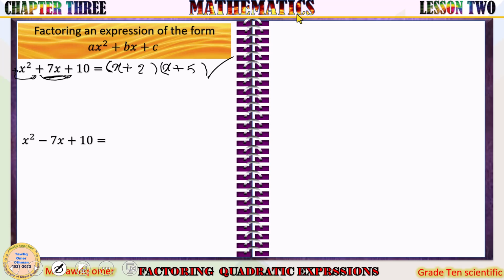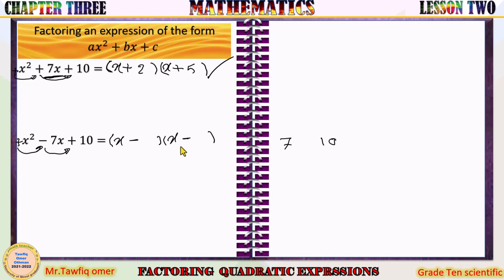Another example. Open two brackets, and the first sign is positive. Positive times negative is negative, and negative times positive is negative, and x. After that, we need the same thing for 10 and 7.